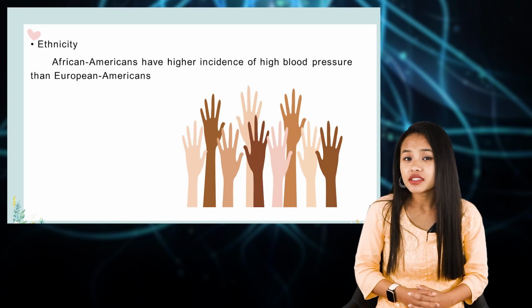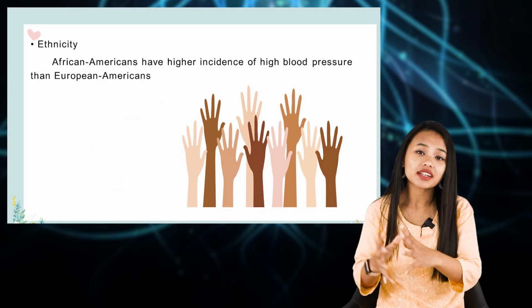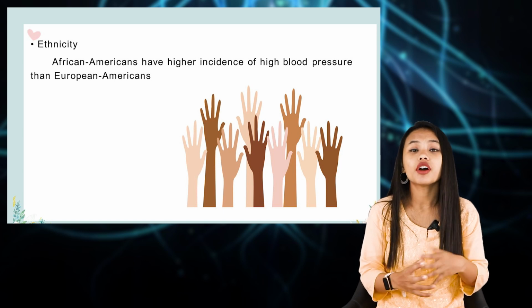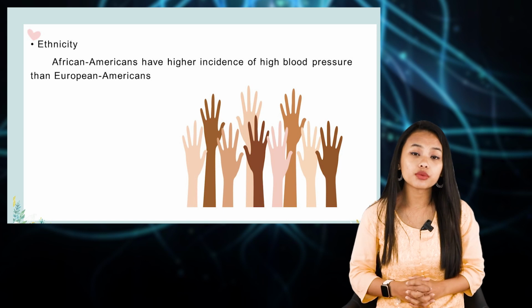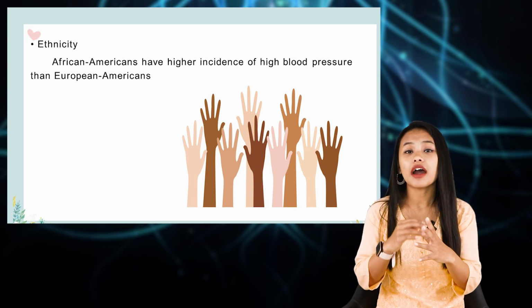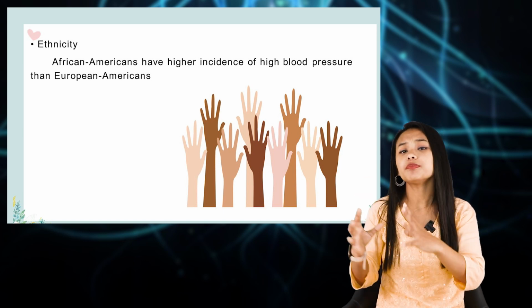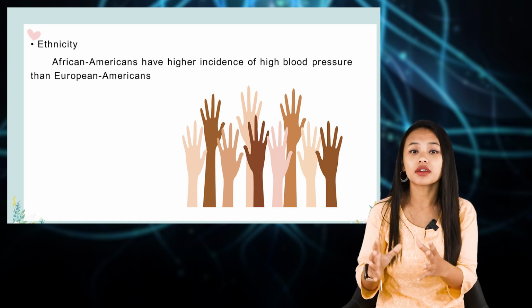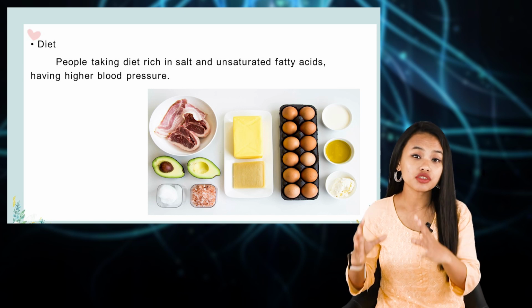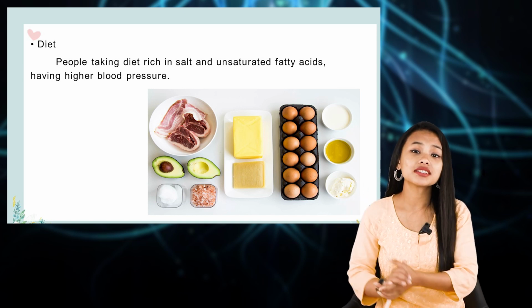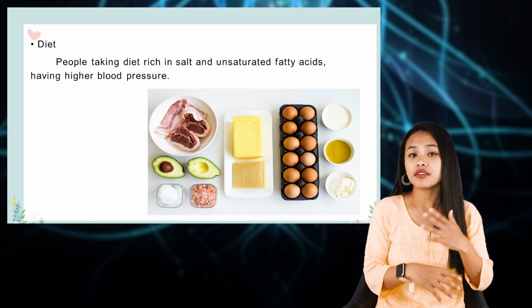And also, ethnicity is one of the factors that can lead to a fluctuation in the blood pressure of an individual. So here we can see that African Americans have higher blood pressure as compared to European Americans. And also, people who are on a diet which is rich in salt and unsaturated fatty acids can also have an increased blood pressure.